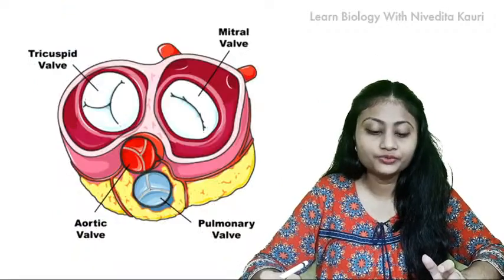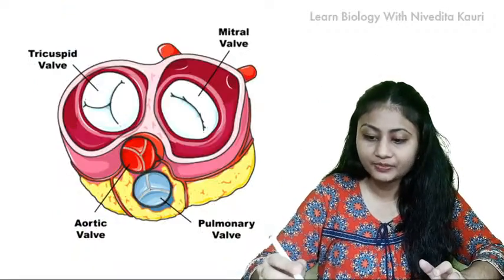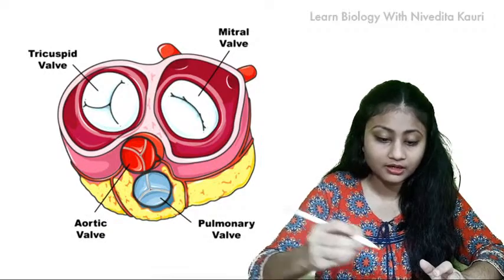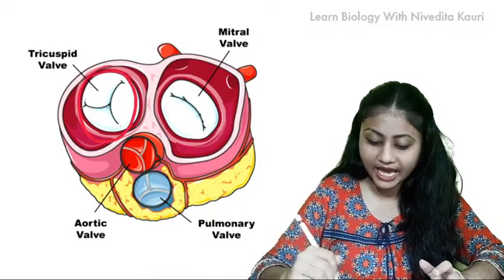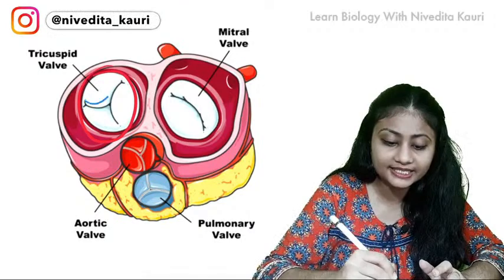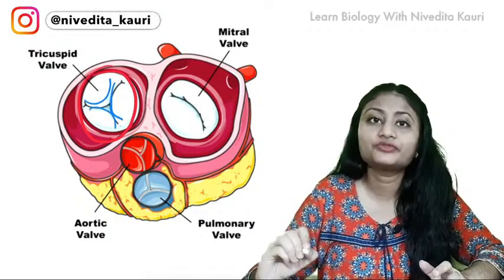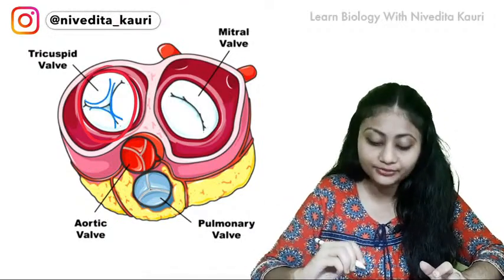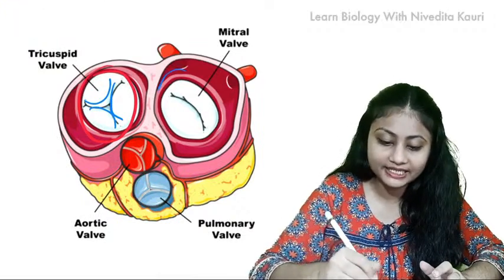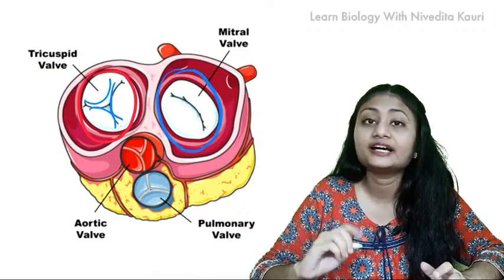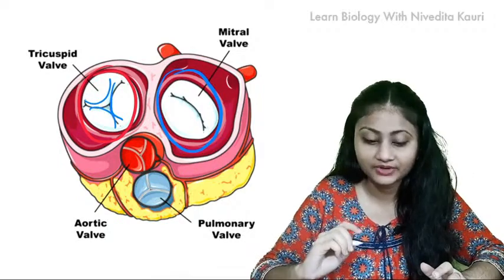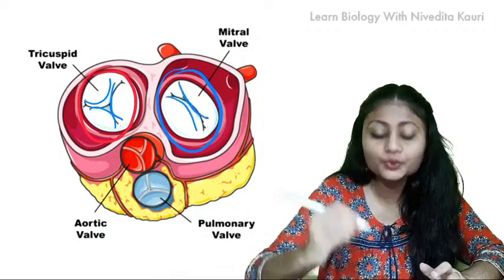The right atrioventricular opening is guarded by a tricuspid valve. As its name suggests, it has 3 cusps or 3 flaps. Similarly, the left atrioventricular opening is guarded by a bicuspid valve or the mitral valve. So, it has only 2 cusps.